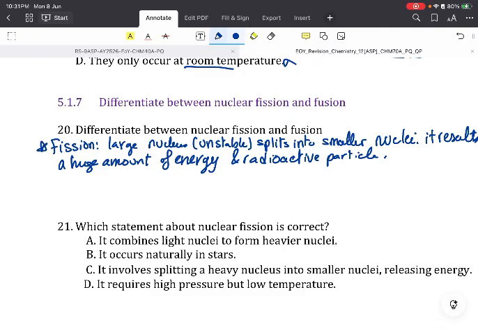Now, that's for the fission. So a large nucleus is going to split into smaller ones.